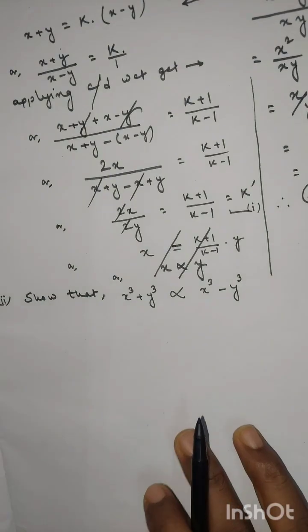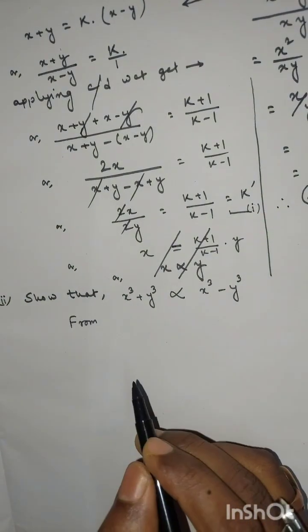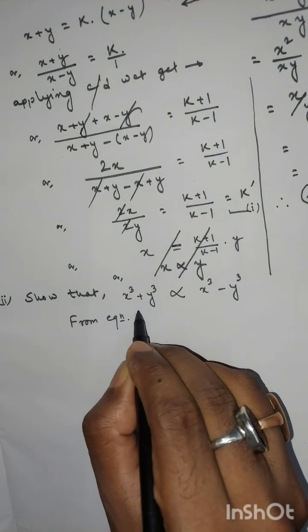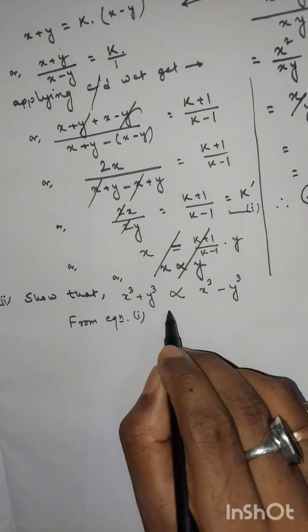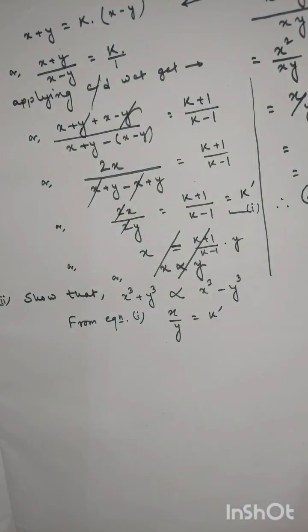So we are using equation number 1. So we can write, from equation 1, x by y equal to k dash.